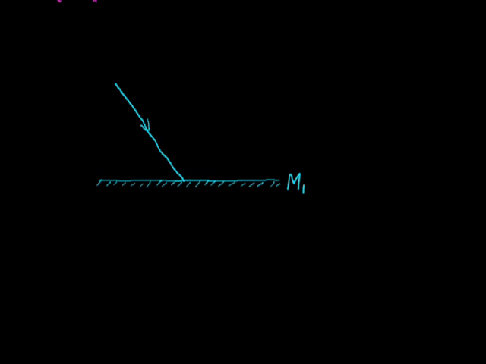Suppose it is normal N1, and suppose the incident angle is phi. Then according to the laws of reflection, the light gets reflected by making the same angle phi with the normal. Now what is the question? The question is: if we rotate this mirror by the angle theta.